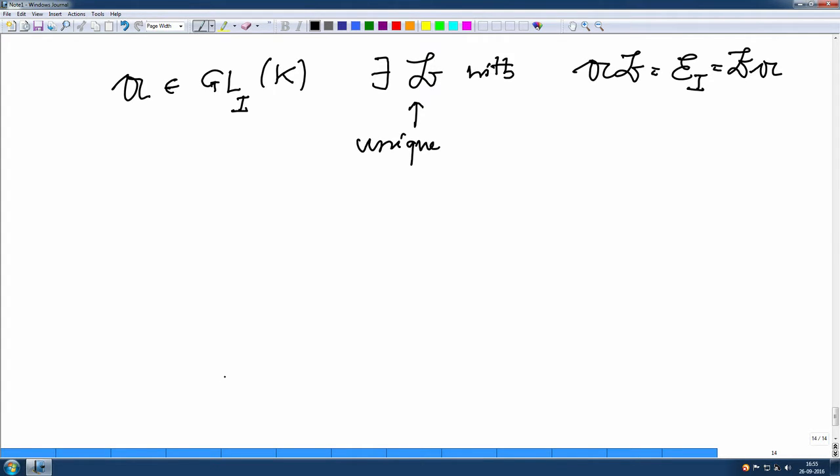The same proof as in a ring: if an inverse exists, it should be unique. Therefore, this B is denoted by A inverse, A power minus 1. And then these two equations become A times A inverse equal to the identity matrix, also equal to A inverse times A.